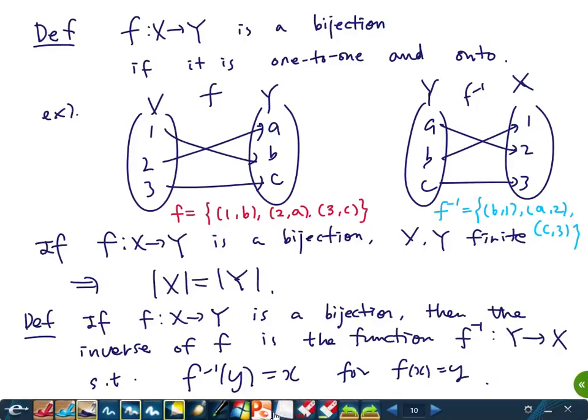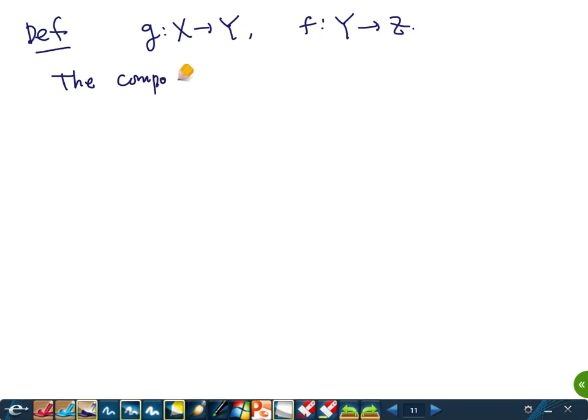All right. And now another one. We have a function f from X to Y and another function g from Y to Z. Then you can define a new function, the composition of f and g, denoted by f circle g.